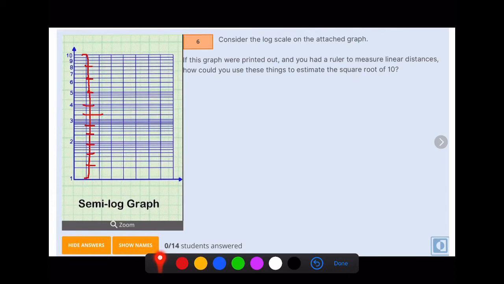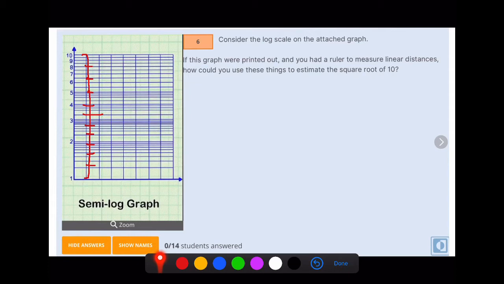So where is the 1/2 power on this scale? Well, what if you measured half a unit up from 1 to 10? Since the exponents are here, not written down, but in linear distance, and the lowest one is 0, 10 to the 0 power equals 1.